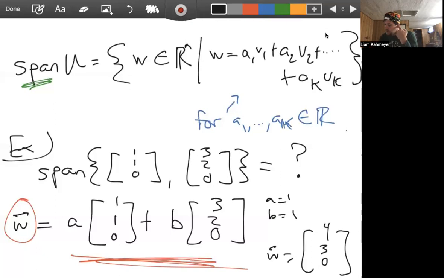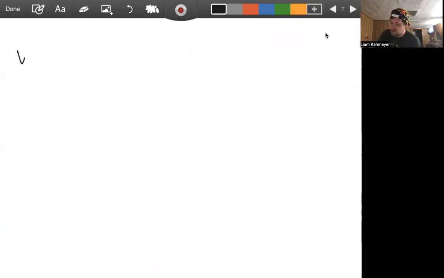We want to describe this as a set. And so one thing we notice is that the Z component of both of these vectors is 0. And because of that, we know W is necessarily going to be of the form (x, y, 0).